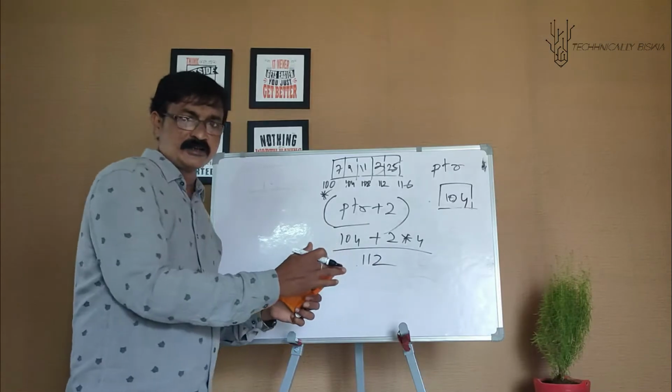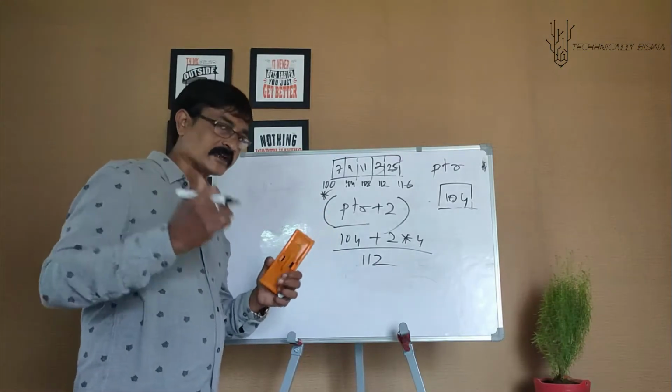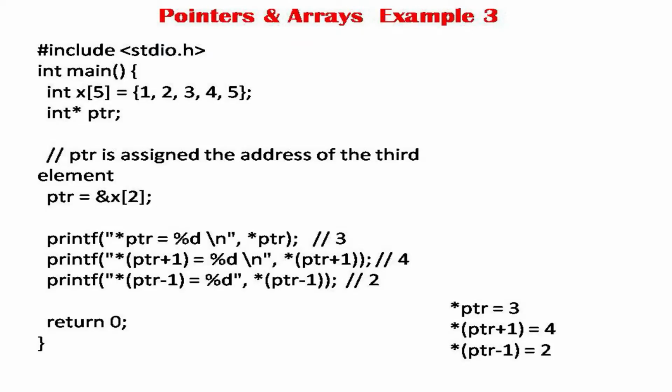Got this translation? Look at this simple example, the same way I have done it. Look at the slide. Integer array, integer star ptr is there, and I am directly giving the address of x sub 2, that is of the array, to ptr.